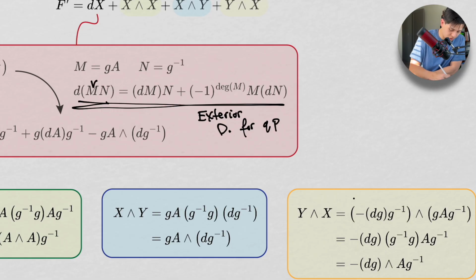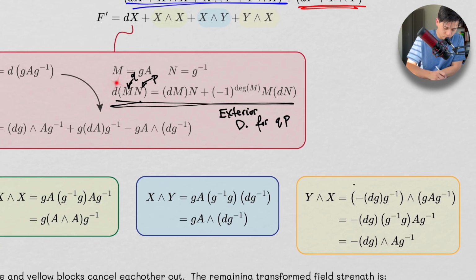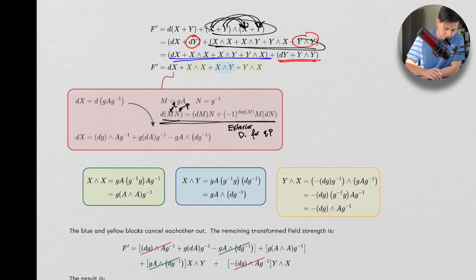If this is our Q form, and this is our P form, it's just the exterior derivative of the product of two of them. And this is the rule that we have established in previous videos in my GR playlist. And the degree of m, again, that's just 1, because it's just a 1 form. We have a 0 form, and A is a 1 form.